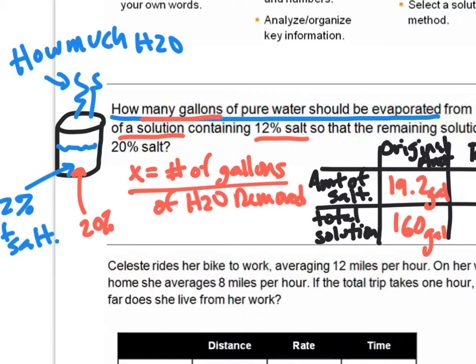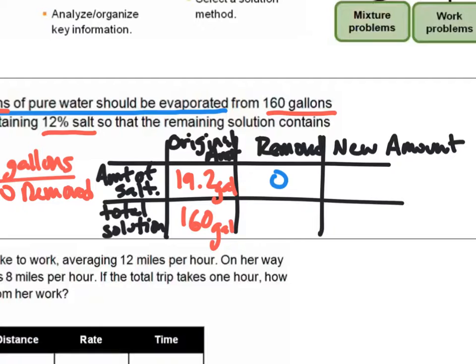That's what we don't know. That's what we're trying to answer here: how many gallons of pure water should be evaporated. We don't know, so I'm going to put an x.